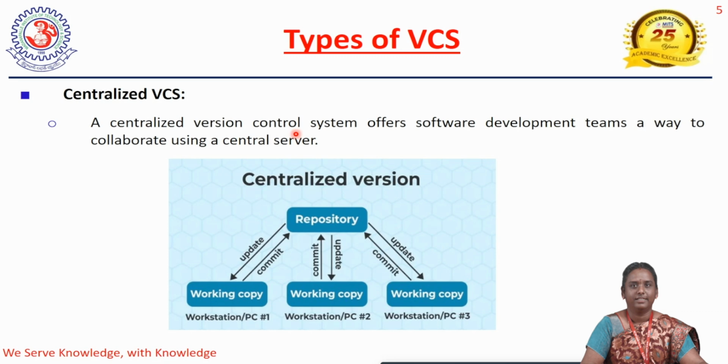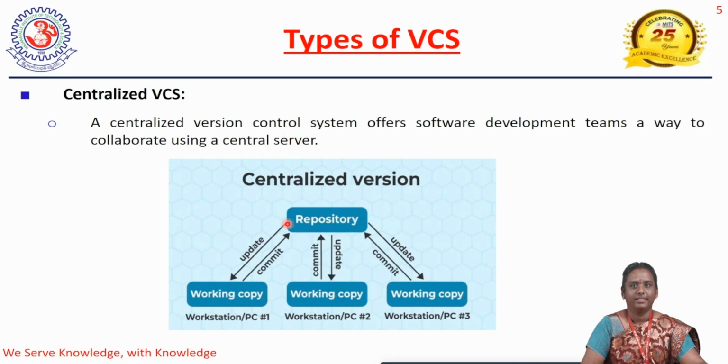So only one person can work at a time when we are using centralized version control system. Whenever developer 2 wants to make any changes, he has to wait until developer 1 completes his part of work in that central repository.